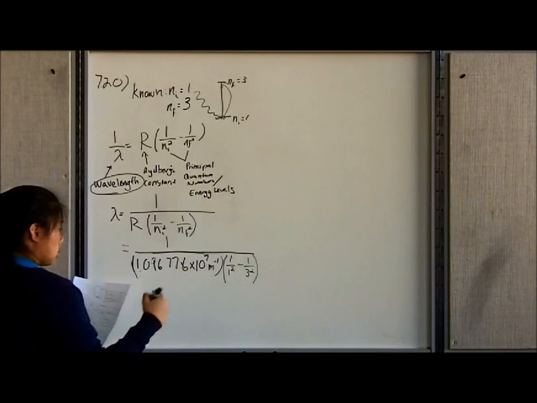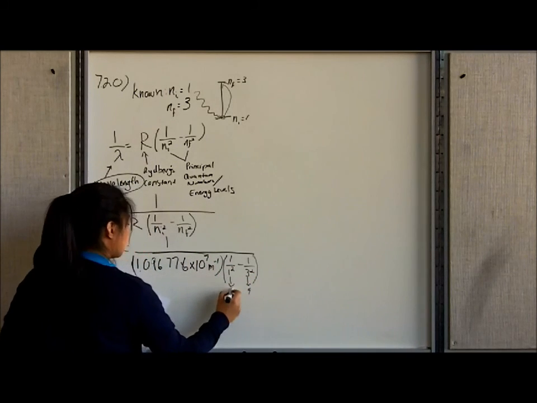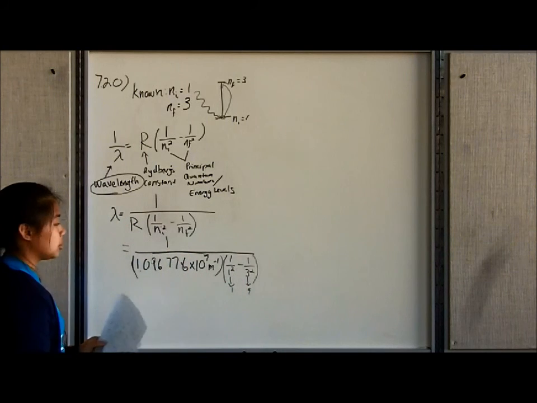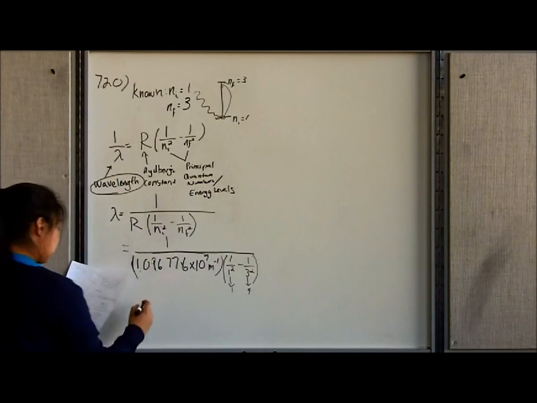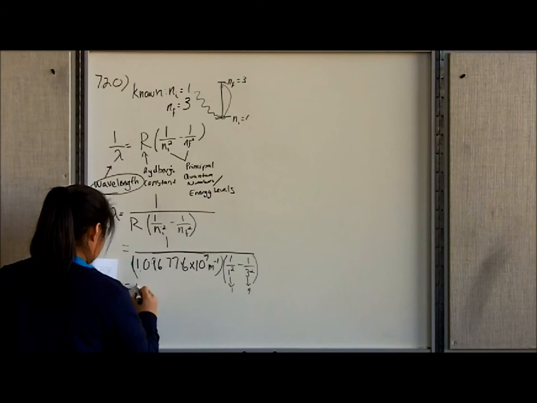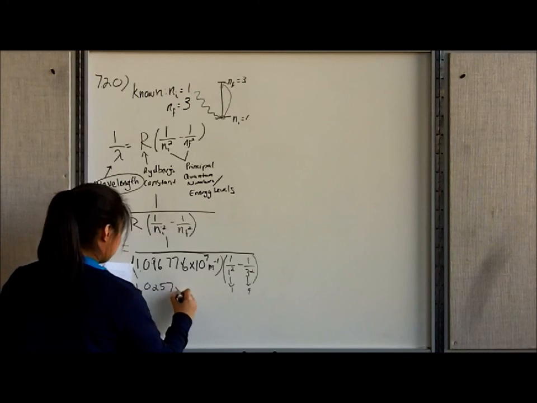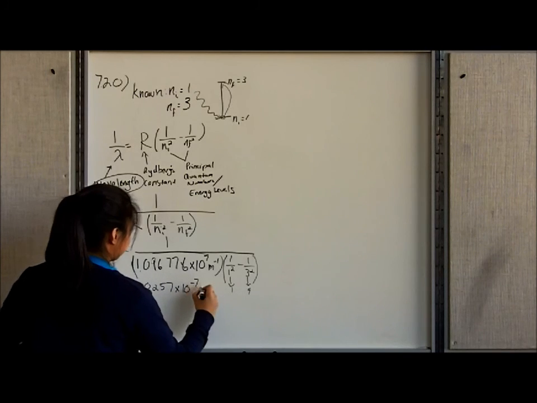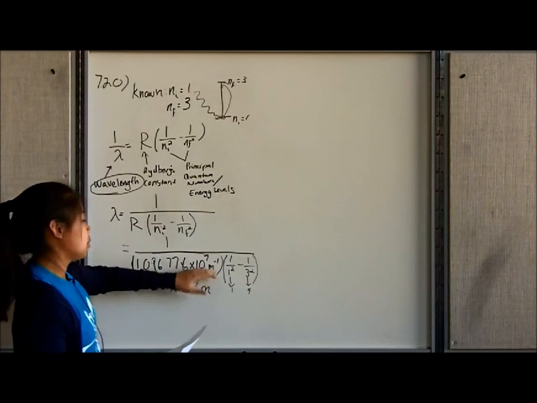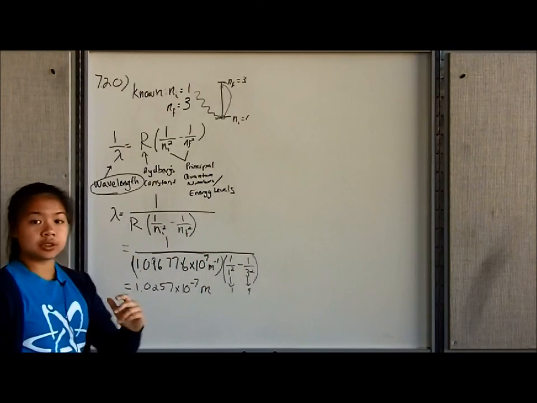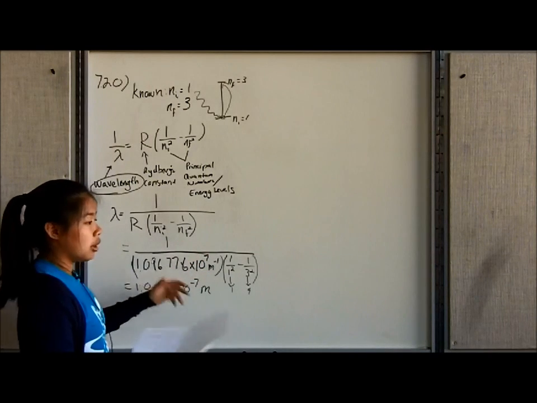Once you calculate this part, it should equal 1.0257 multiplied by 10 to the negative 7th meters. That makes sense because your inverse meters flip to the top. Always make sure the units logically correspond.